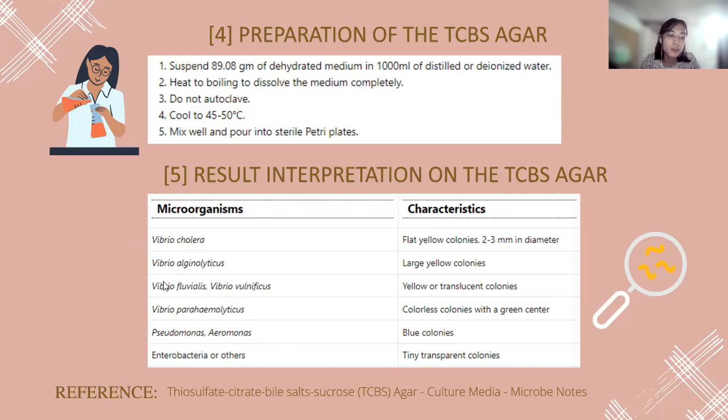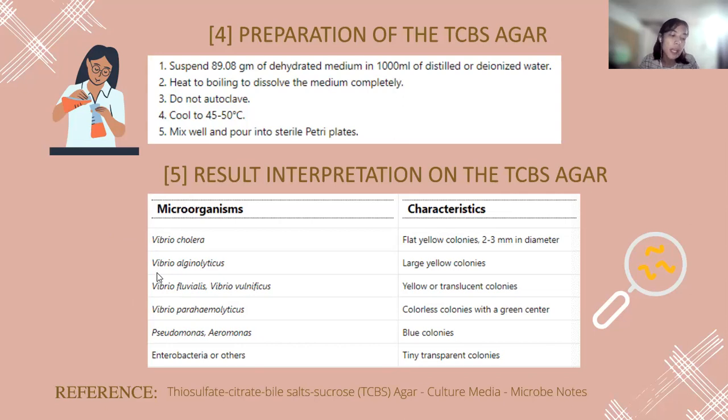They react differently to the reagents or ingredients in the composition of our agar. So some microorganisms, even though they are in the Vibrio species group, can exhibit low colony growth.